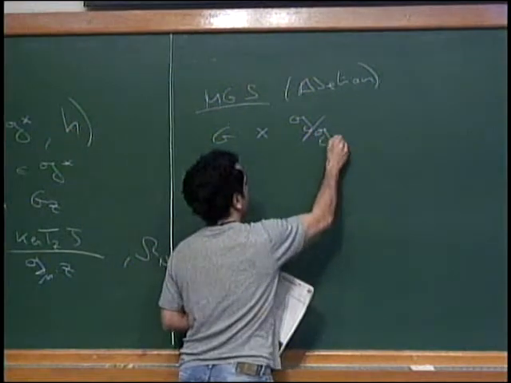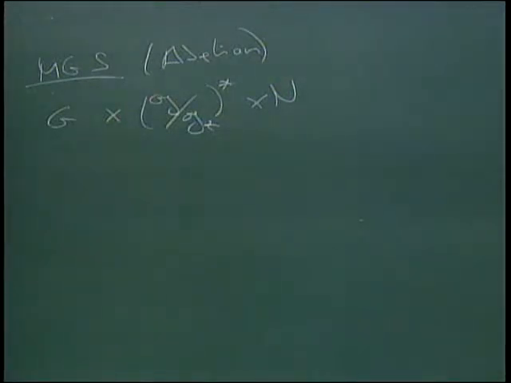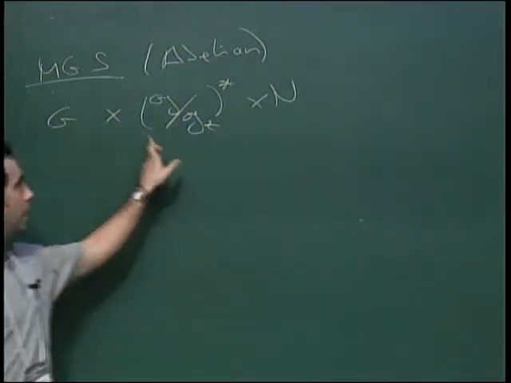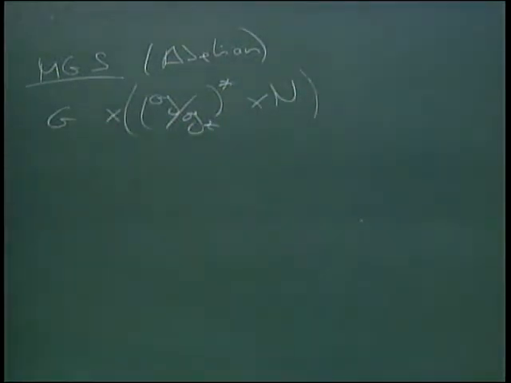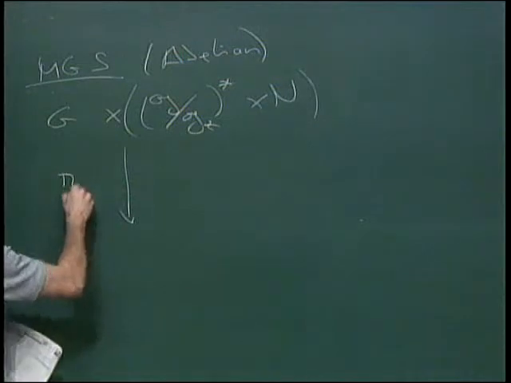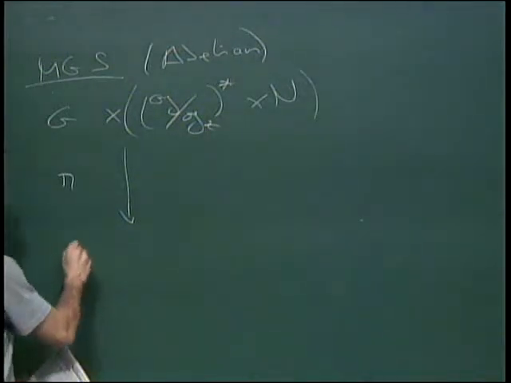So we construct this quotient, and then we multiply by this symplectic normal space or symplectic slice. Now here, the isotropy group GZ acts on these three spaces. Here it will act on the right. Here it will act by diagonal action on the left. So you can form this principal bundle. You can see this also as an associated bundle, but I prefer to look at it as a principal bundle.